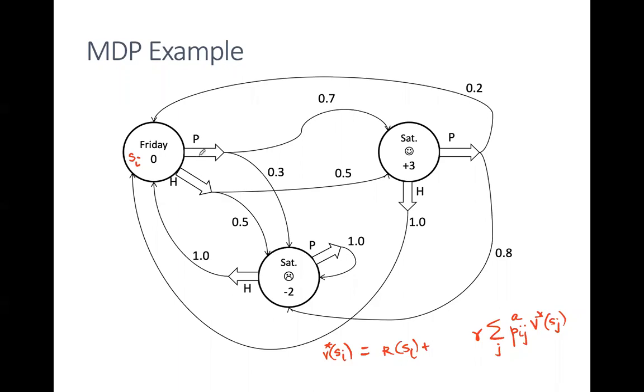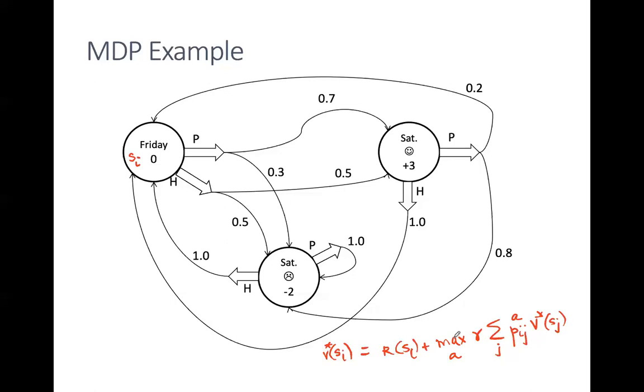You're going to pick the best of these actions. And the way to say that in math would basically be to maximize over all the possible actions, right? So we would have a max operator here that chooses the best of the actions available to us. Does that make sense?